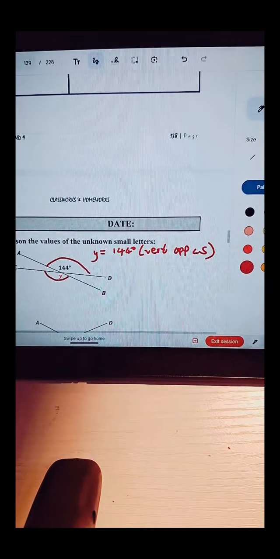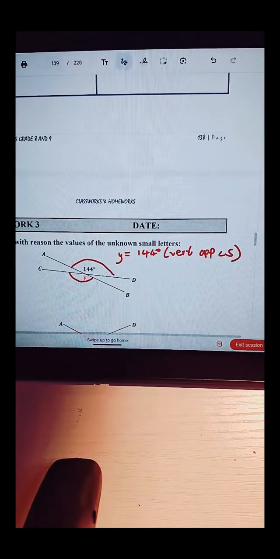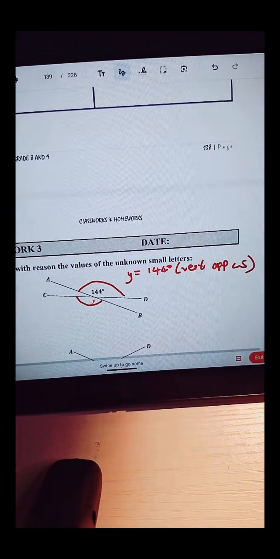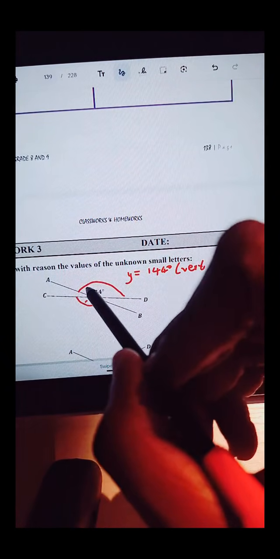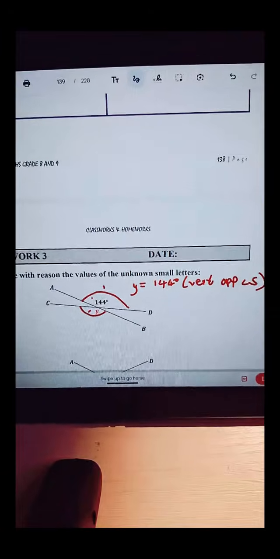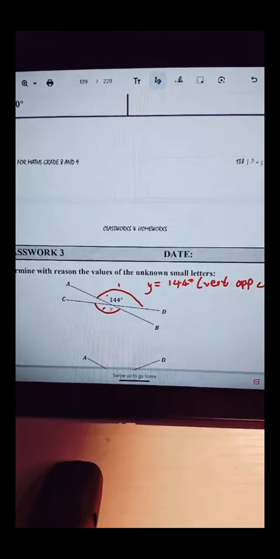Vert op angles. Y is equal to 144 degrees. Okay, we don't mess around. Y is equal to 144 degrees because this angle is equal to that one. Intersecting lines have vertically opposite angles that are equal.